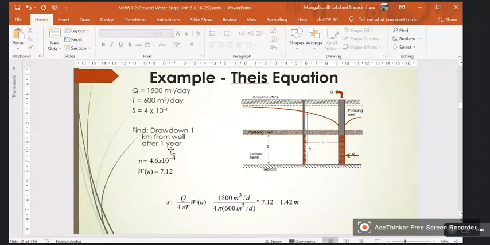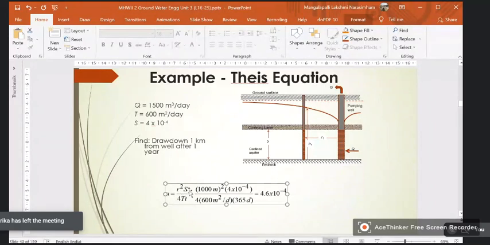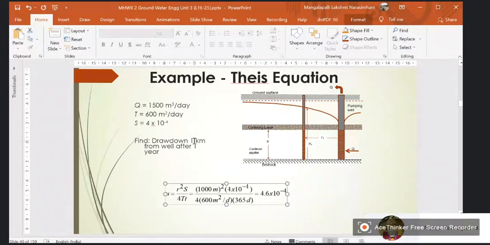So this is the value of U. Because what is the expression for U? Small u is equal to R squared S by 4 T t. So in this case, R is 1 kilometer, that is 1000 meters.